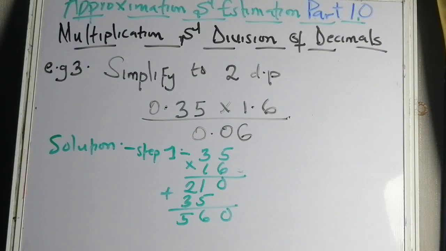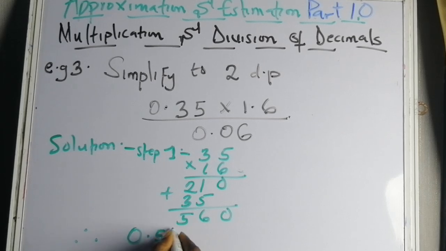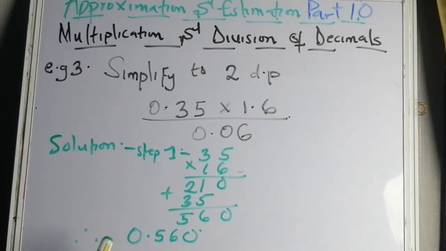So you now count 1, 2, 3, which means your answer will be 0.560. You put your point in front of it, and put 0. So when you multiply this together using your calculator, you will be getting 0.560.